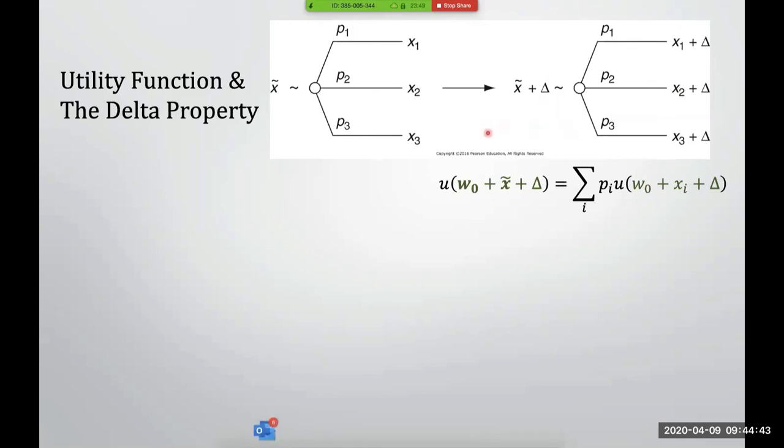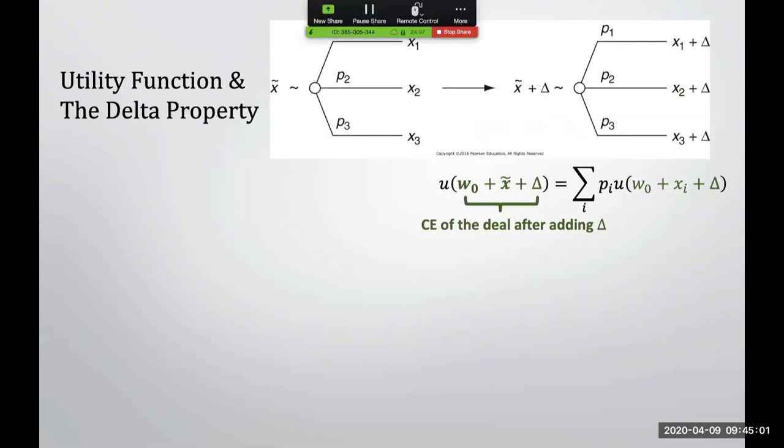Okay, so now what kind of properties does this X tilde need to have in order for this person to be a Delta person? So when do we have a Delta person, looking at this equation?